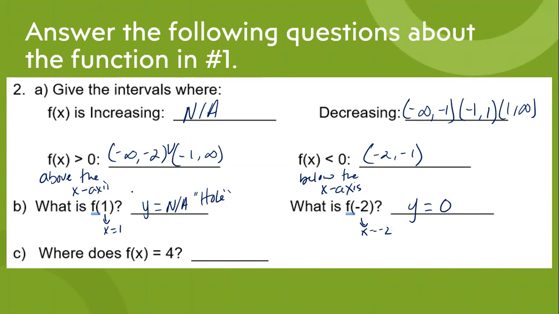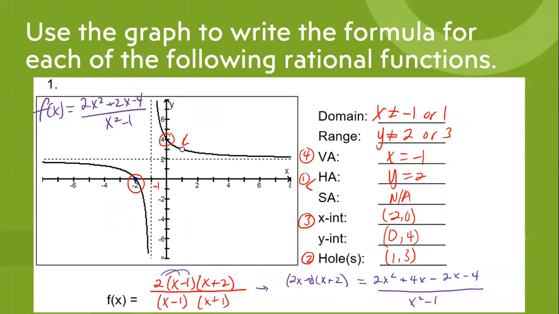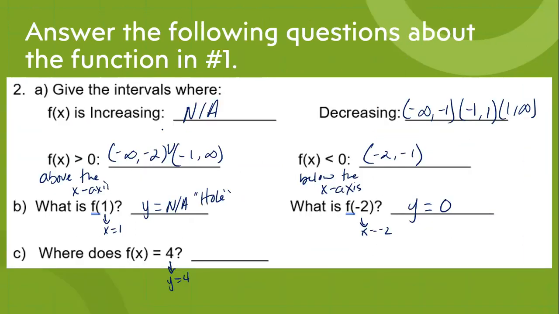Okay. So inside the parentheses says you're looking for your y, because you're giving your x. Outside means you're giving your y. So this is saying when y equals 4, what is x? So when I go to y equals 4, x equals 0. How do we feel?